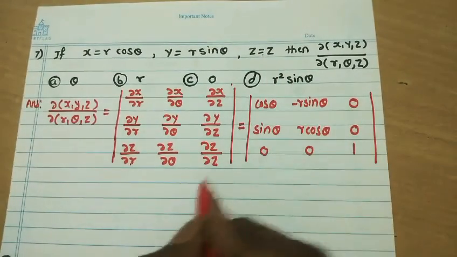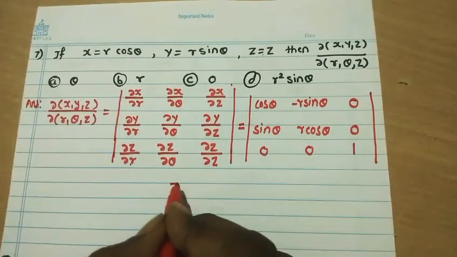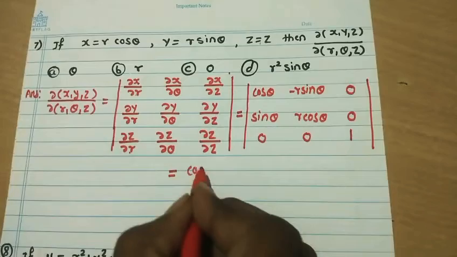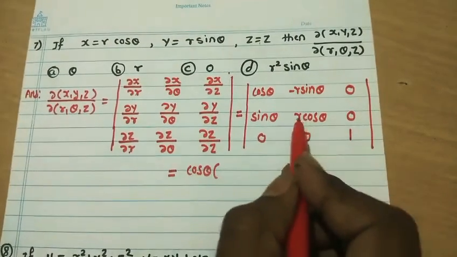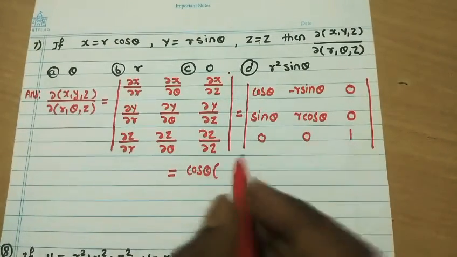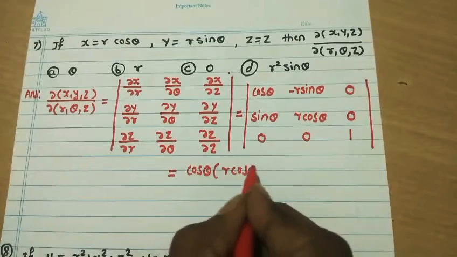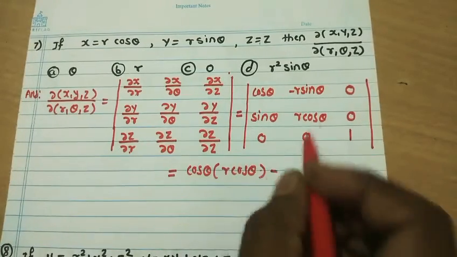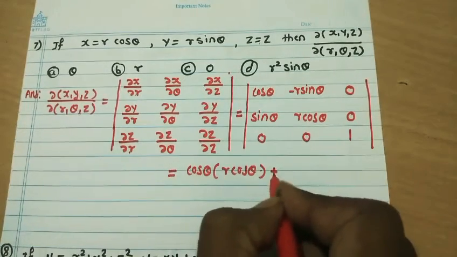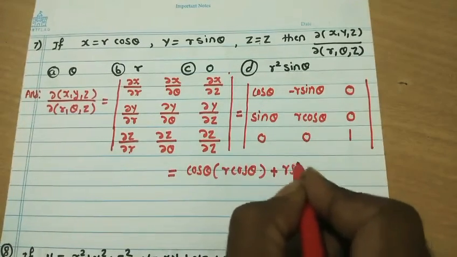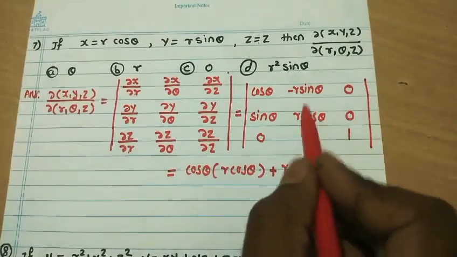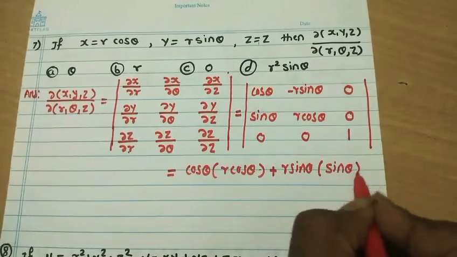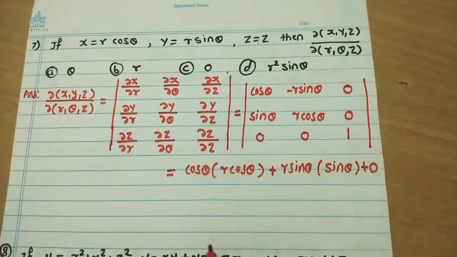So just find the determinant of this. You will get cos theta into r cos theta into 1 minus 0. Minus of minus becomes plus, r sin theta in bracket sin theta plus 0.